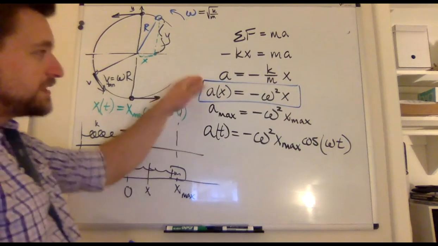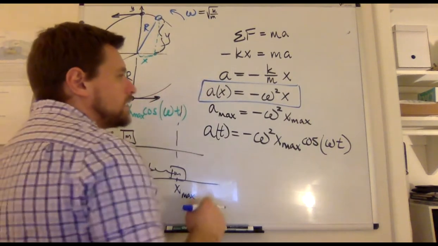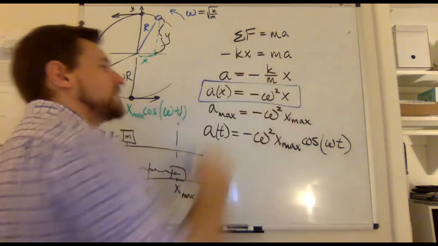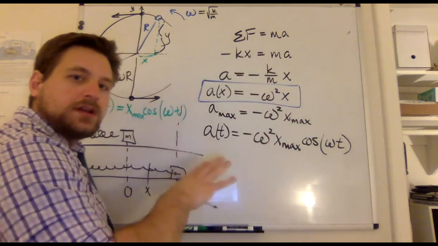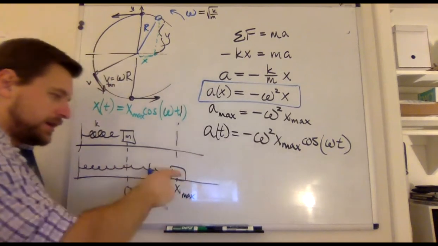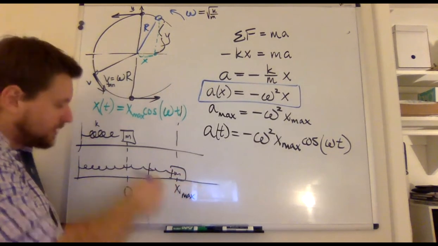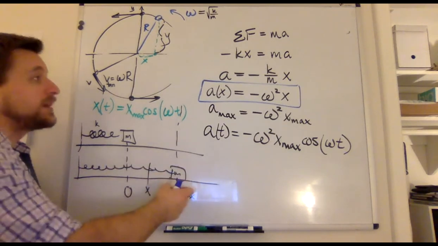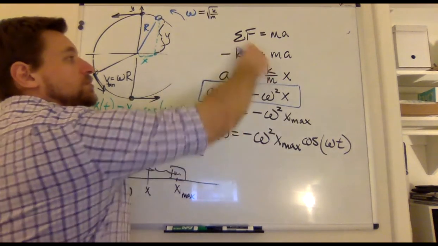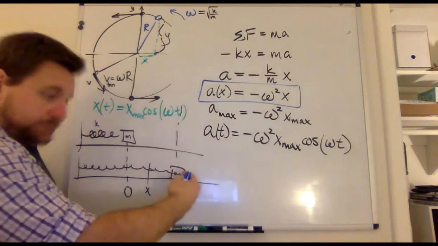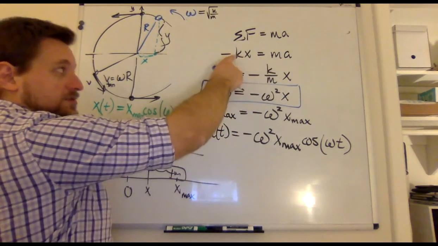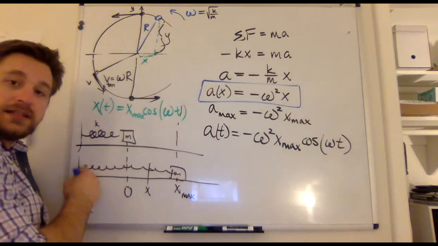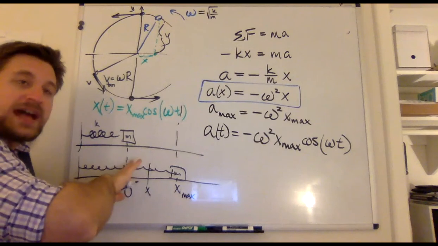That result is a big deal. We arrived at this result from Newton's second law, and it's Newton's second law for an oscillatory thing. As we displace the mass to the right, the spring tries to pull us back. The farther we go, the stronger that force is. As we push the mass to the left, the spring tries to push us back.